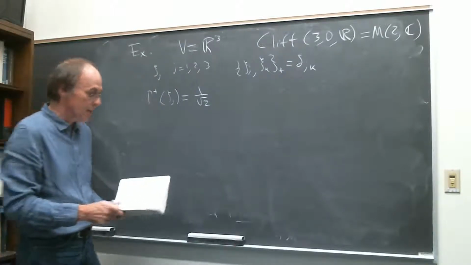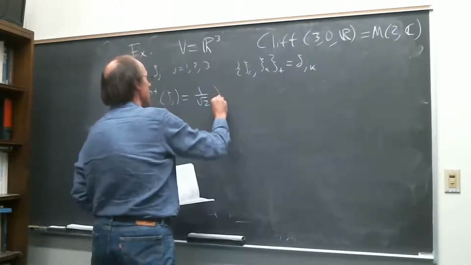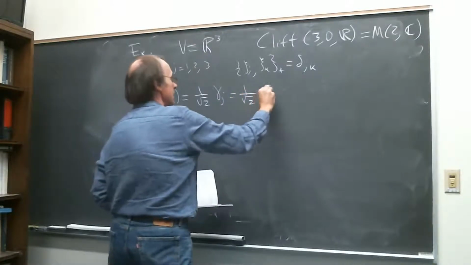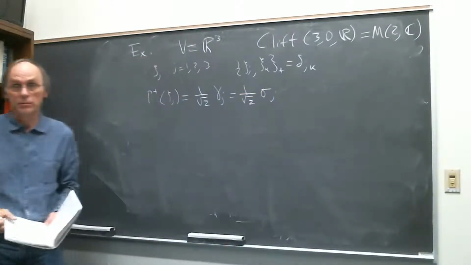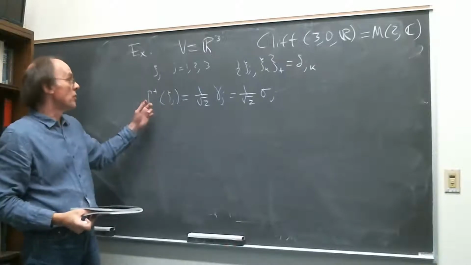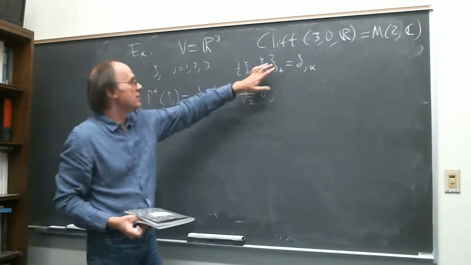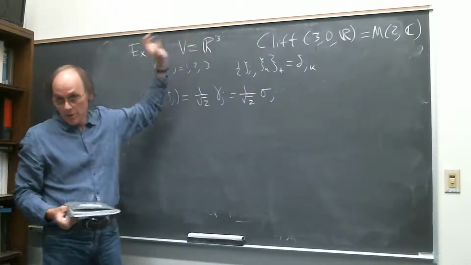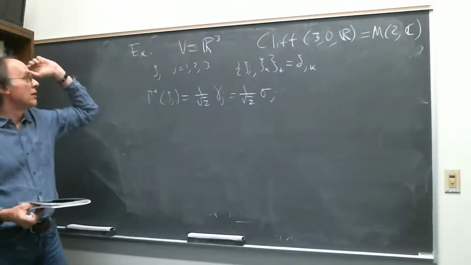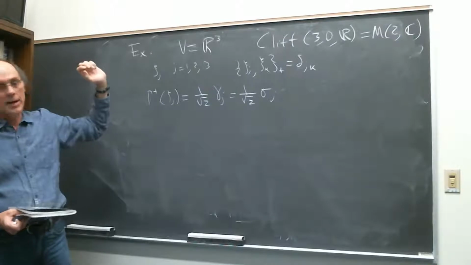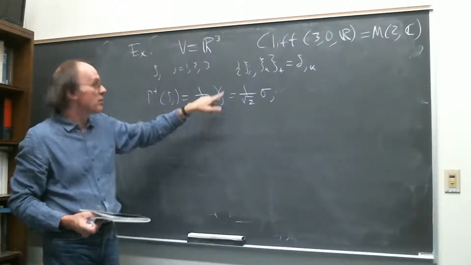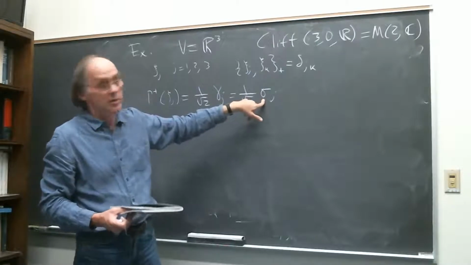So if you have a j, that's just going to be 1 over the square root of 2 sigma j. So you have a 3-dimensional pseudo-classical phase space, and when you quantize, you're going to get operators, but on the generators, these operators are just the 2x2 sigma matrices.